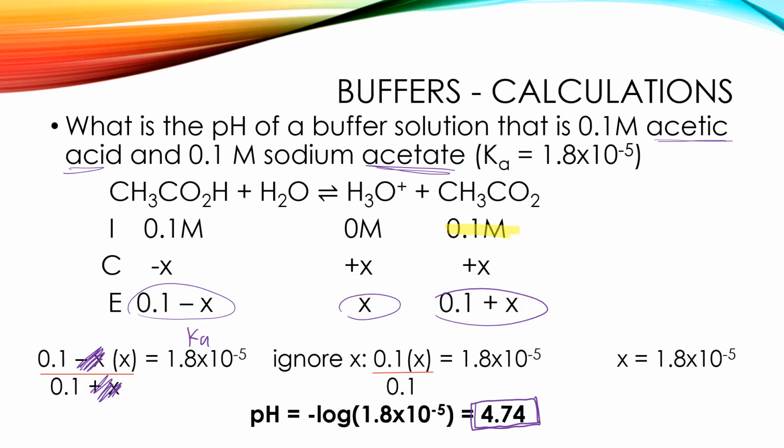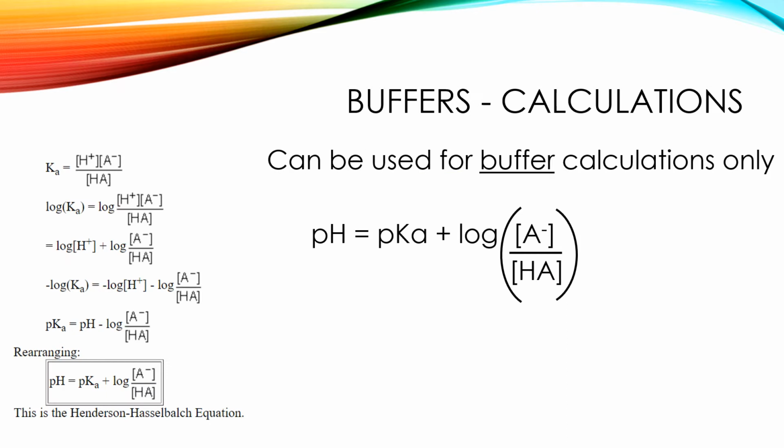So if you did your POGIL, which you should have, this was the way that we worked the buffer calculations on the POGIL. But then we have a different way that we can do for buffers. So if you are interested, if you're a math person, you can see how we derive this Henderson-Hasselbalch equation, how we go from the Ka expression, rearranging it to make Henderson-Hasselbalch.